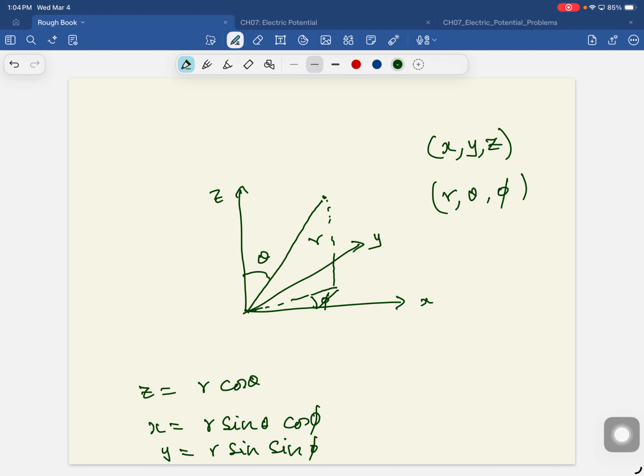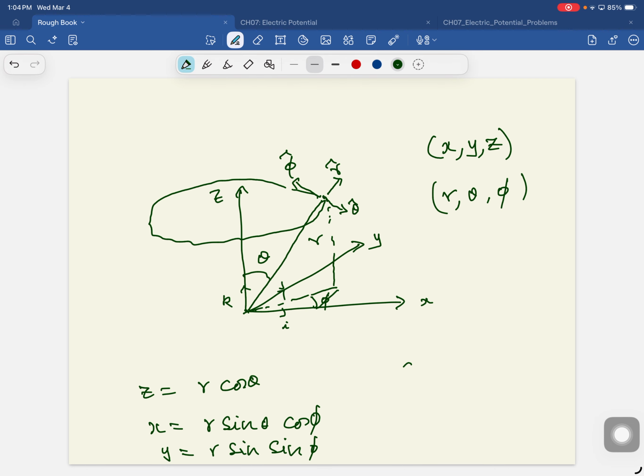Just like i, j, k are unit vectors along these directions, here r hat is a unit vector along the radial direction, and if you draw a circle in that plane, this is phi hat, a unit vector along this direction, and that's theta hat.